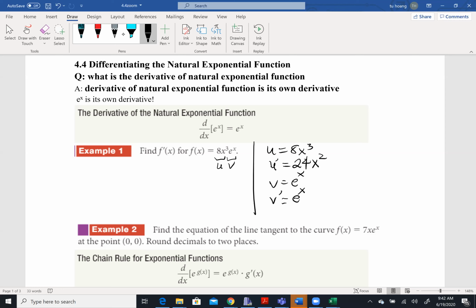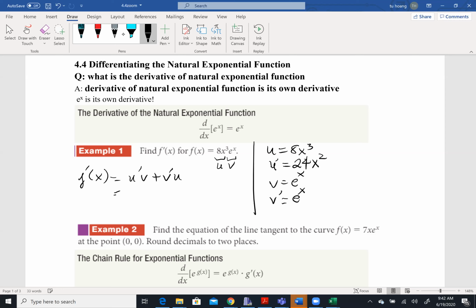Apply the product rule to find the derivative of f(x), which gives u prime times v plus v prime times u. I substitute all the u, u prime, v and v prime into here.